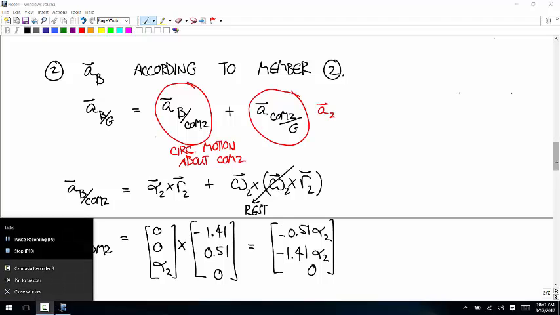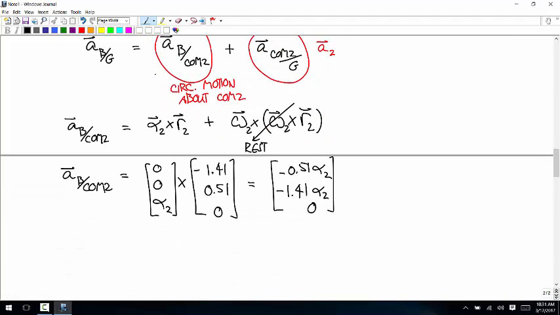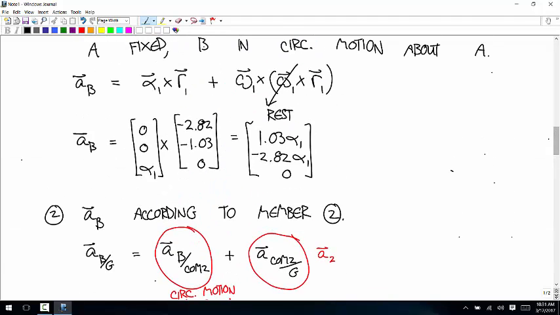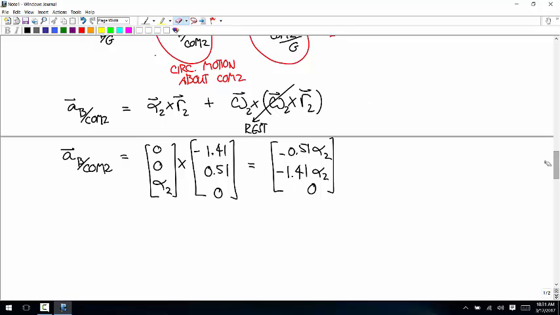And so now we can set this expression for AB equal to this expression for AB. And we'll just do it component by component, it's a vector equation. So this gives us 2 more equations. Equation 5 star says 1.03 alpha 1.